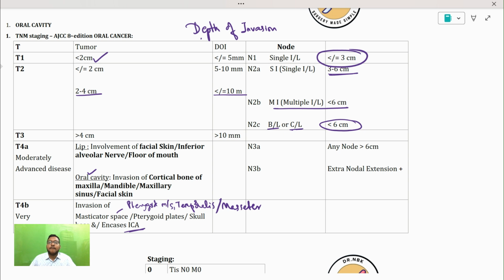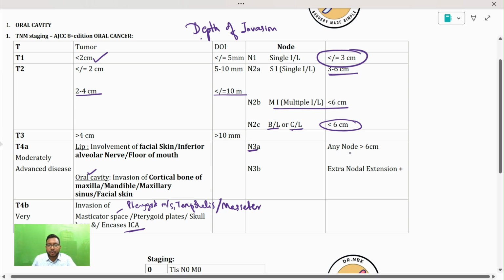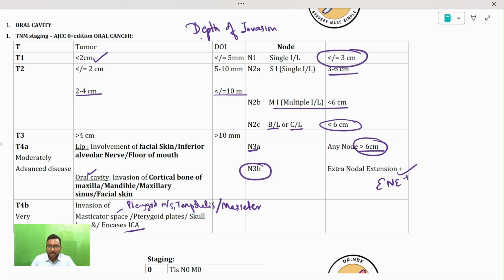Now, whenever any node is more than 6 centimeter, no matter where it is, it will come under N3A. Whatever the number of lymph nodes, wherever they are present, if it is more than 6 centimeter, it will come under N3A. Whenever you have extranodal extension positive, it will come under N3B. You can also go in reverse order. When the report says extranodal extension present, N3B.